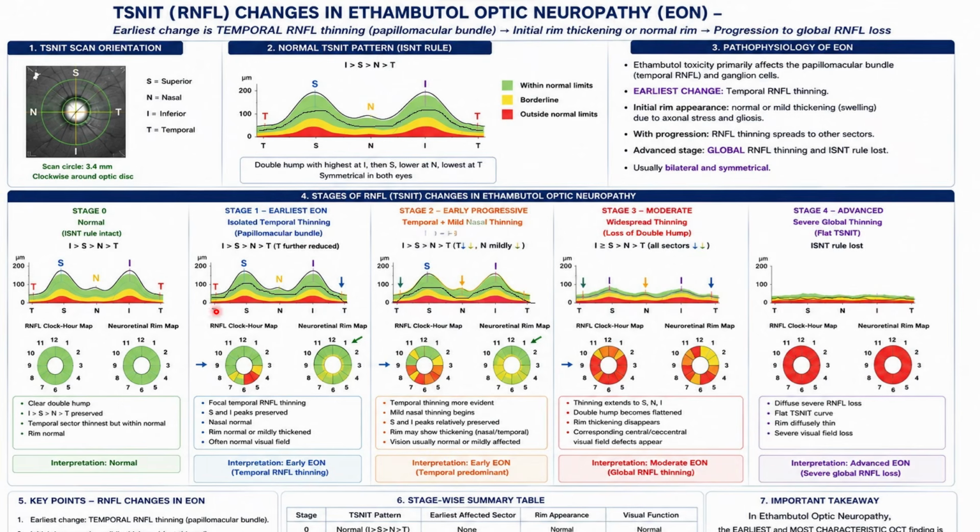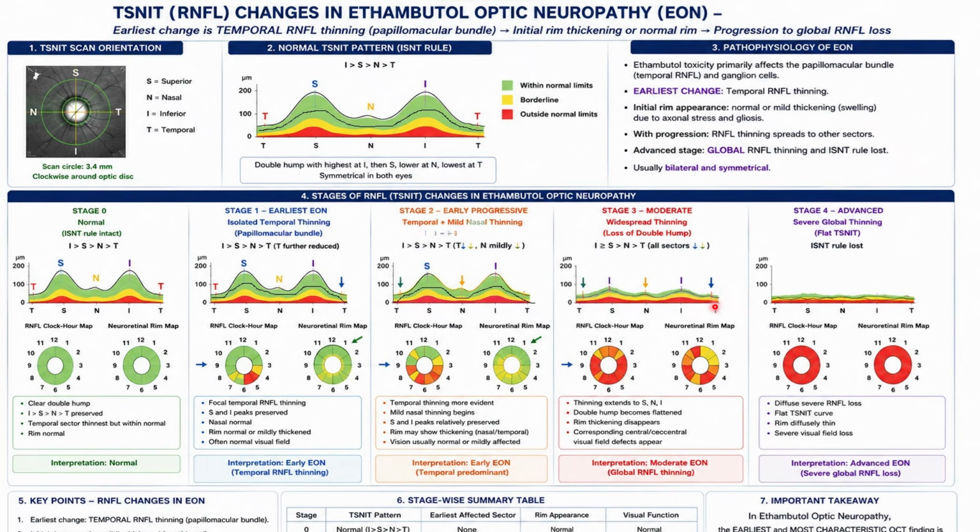Now, what happens in early stages? In early stages of the toxicity, the first thing that changes, as I said, is the maculopapular bundle. So you will find a small drift of the patient's data in the temporal area. You can see here in the temporal area there is mild deviation of the thickness of the retinal nerve fiber layer. Then it will proceed to involve even the temporal and the nasal area. This is moderate affection.